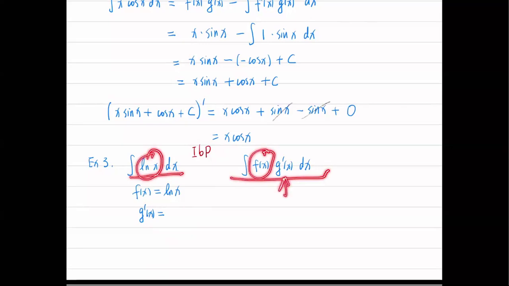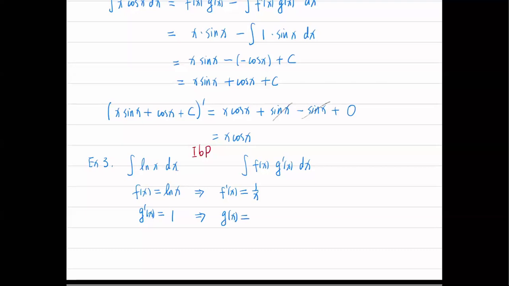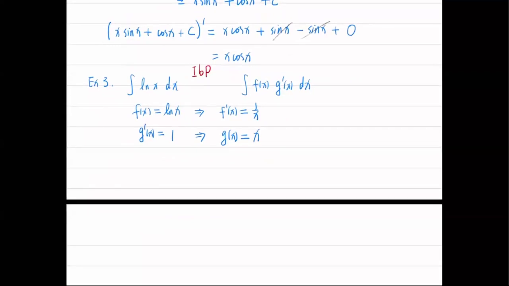What is the g derivative? Okay, that works. g derivative is 1. And Sophia, what's the derivative of f? 1 over x. And could you give me a function whose derivative is 1? x. All right, now we have our two functions.